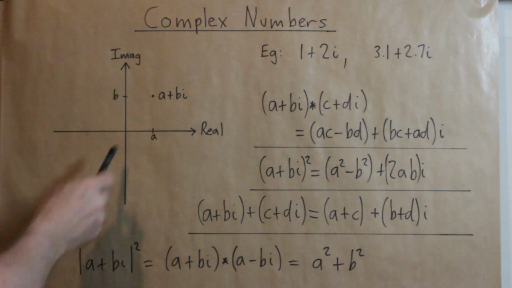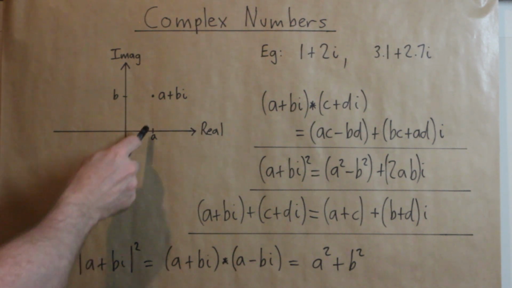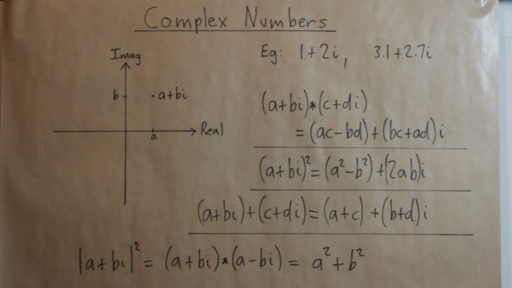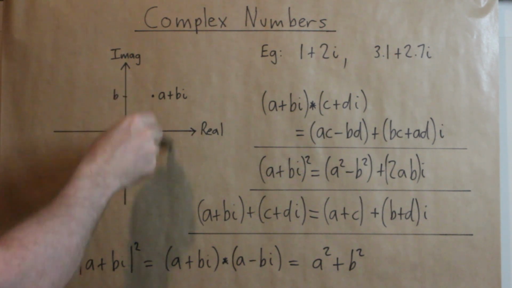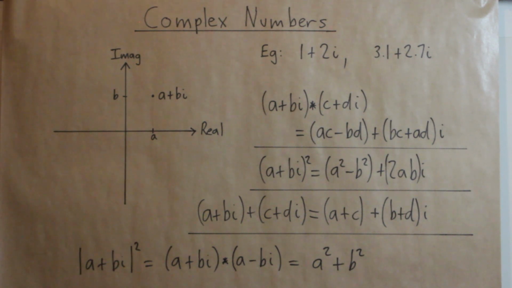But what we can do is a very large number of iterations, like 100 or something like that. And if it's not gone outside of the circle of radius 2 in all of that time, then we've got a pretty good idea that it'll probably stay in the circle. And so it's probably in the Mandelbrot set.